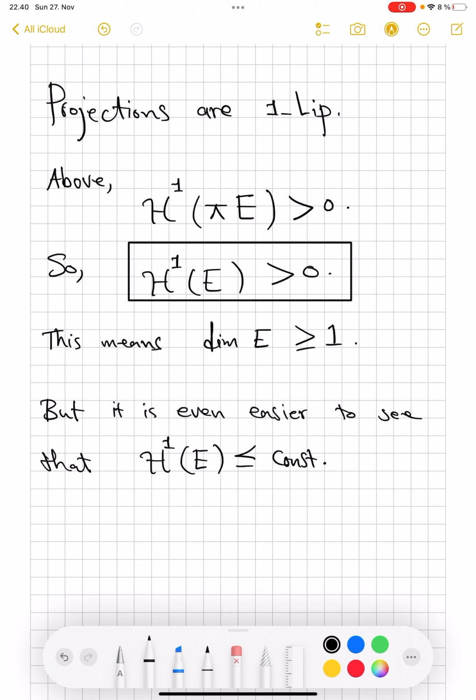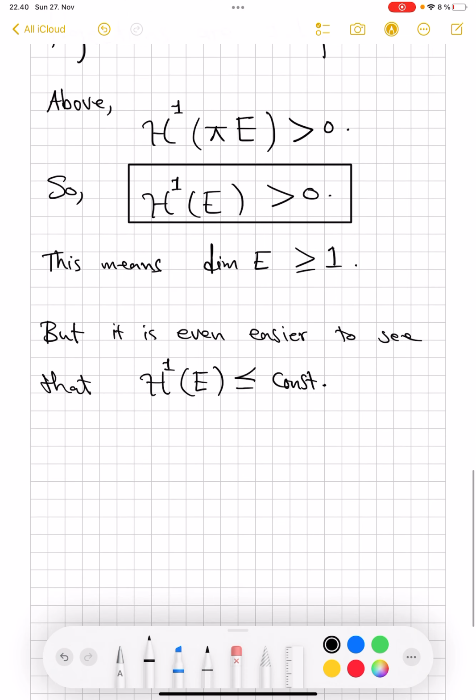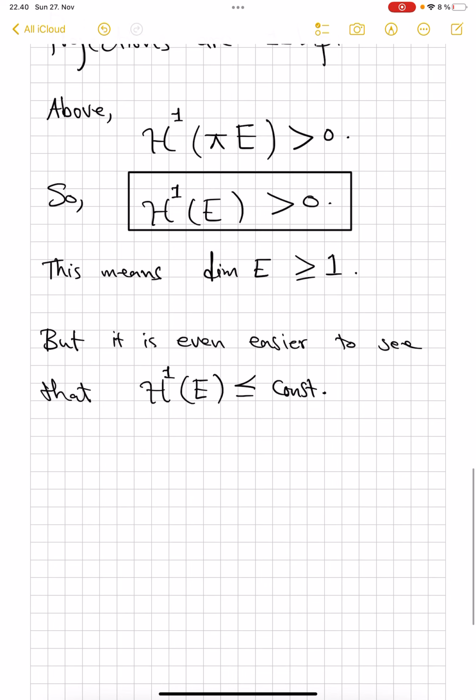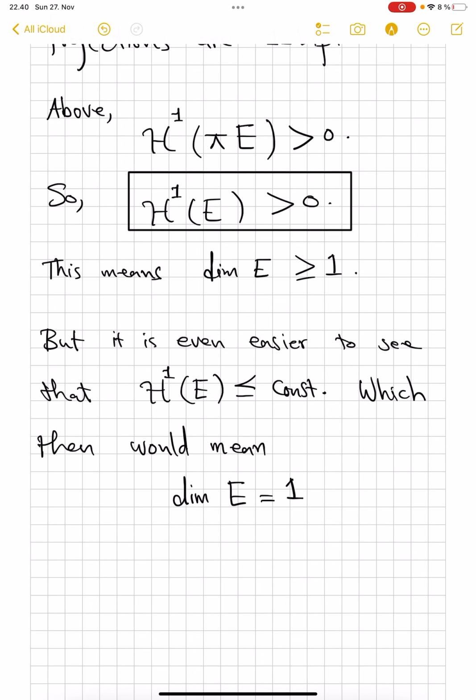I want to say 1, but I'm also not sure, but some constant, independent of everything, which then would mean that the Hausdorff dimension of E is precisely 1, because we found out that H1 of E is positive and finite, so the Hausdorff dimension is exactly 1.